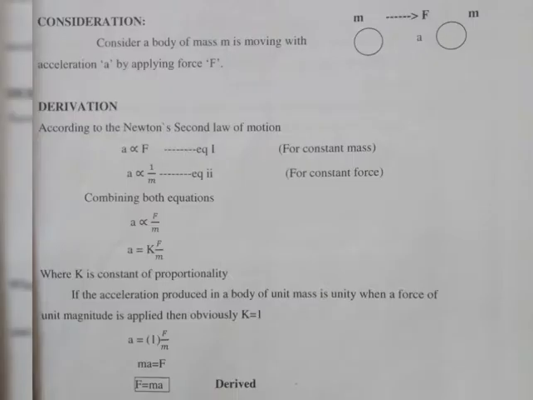Now derivation. Consider a body of mass m is moving with acceleration a by applying force F. According to Newton's second law of motion, a is directly proportional to F, यानी कि acceleration जो है वो directly proportional है force के.